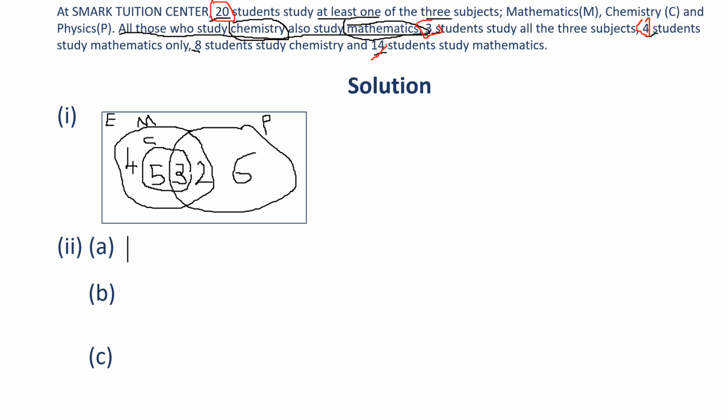Those who are studying physics only, we are going to get those who are not in the intersection. They only appear in physics only. So our physics only will be physics intersection. Okay, pardon me.